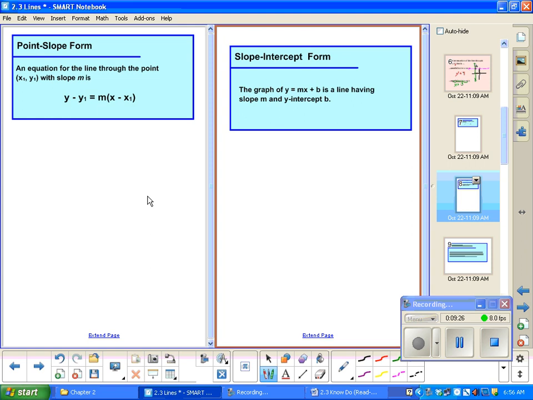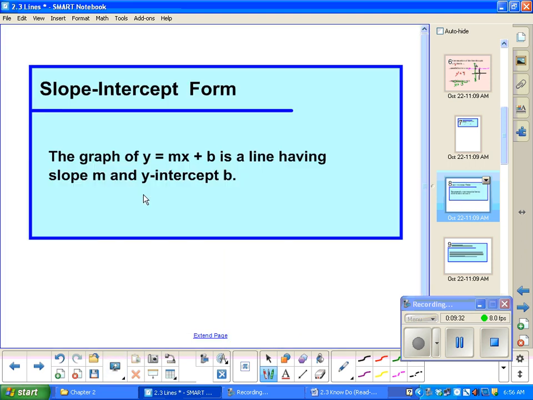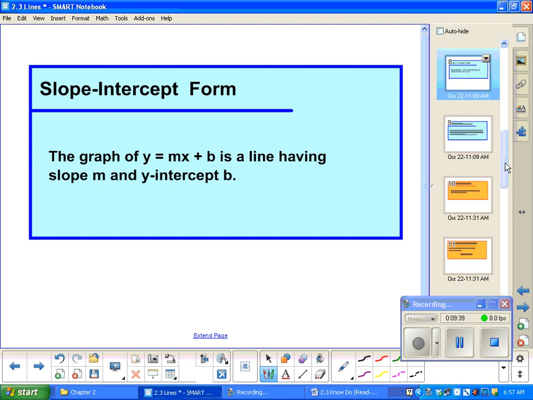Slope-intercept form is a very specific point, the y-intercept, with the slope. So the information is a little more specialized, so that form is not quite as widely used, and it's not quite so flexible in its use.